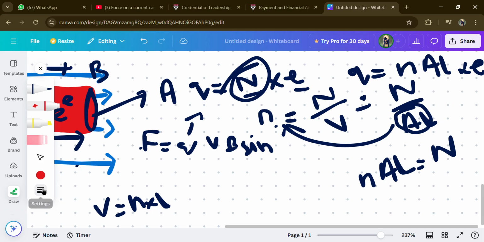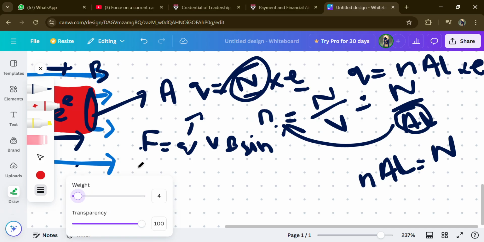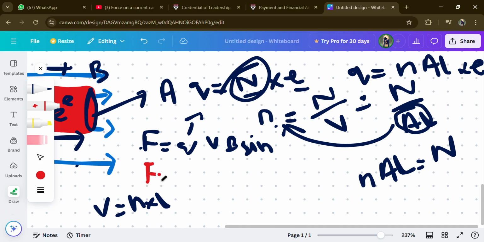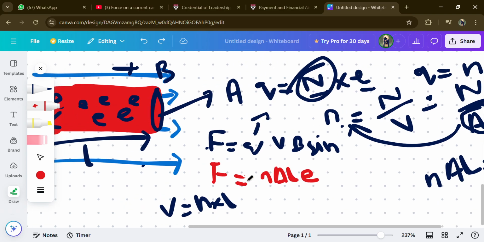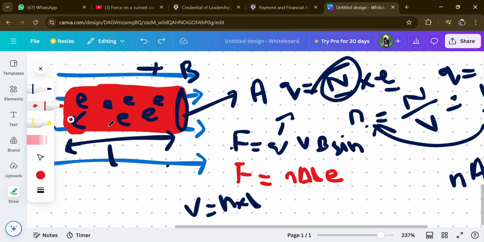So here the formula will turn out to be F is equal to n A L e multiplied by V. Velocity is equal to distance upon time. Here the distance is L, so it will be L upon T, into B sine theta.